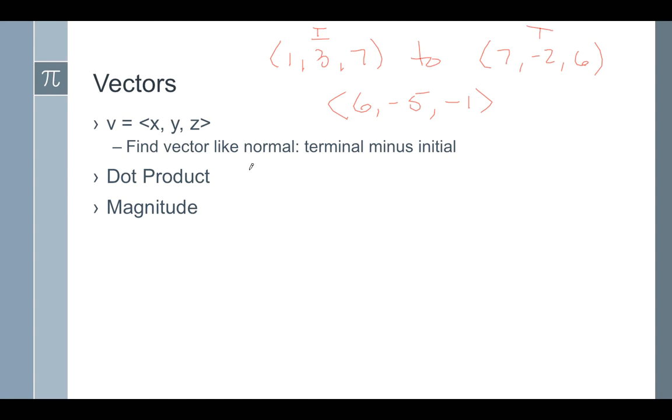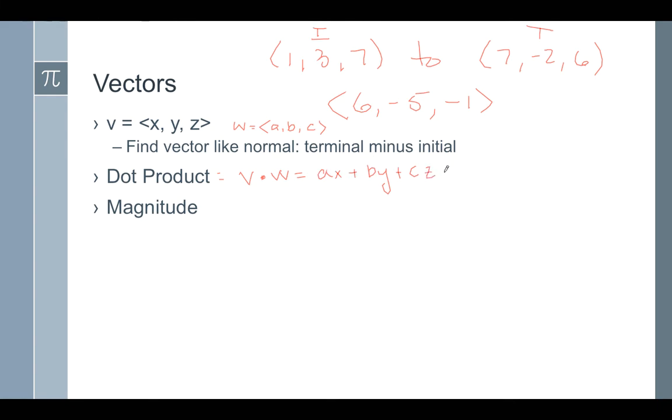Dot product is exactly the same. Magnitude, we already technically found. Let's say I was given this vector x, y, z and given another vector as, I don't know, a, b, c. If I found the dot product of those two things, if I did v dot w, that's equal to ax plus by plus cz.